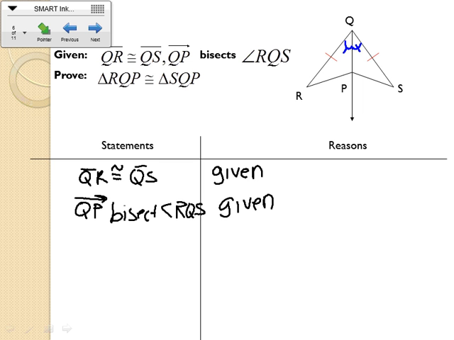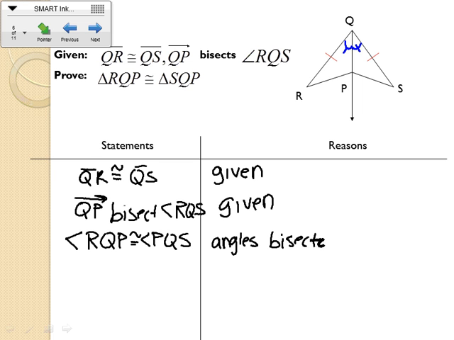So we can state that angle RQP is congruent to angle PQS, and then we state what an angle bisector does. The reason is because angle bisectors make two congruent angles.